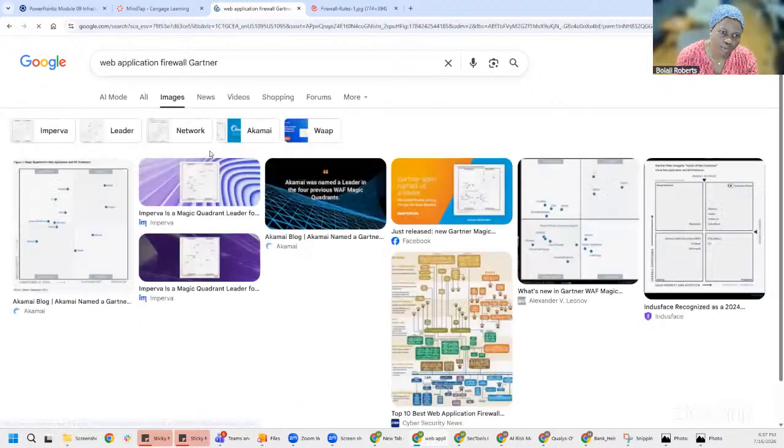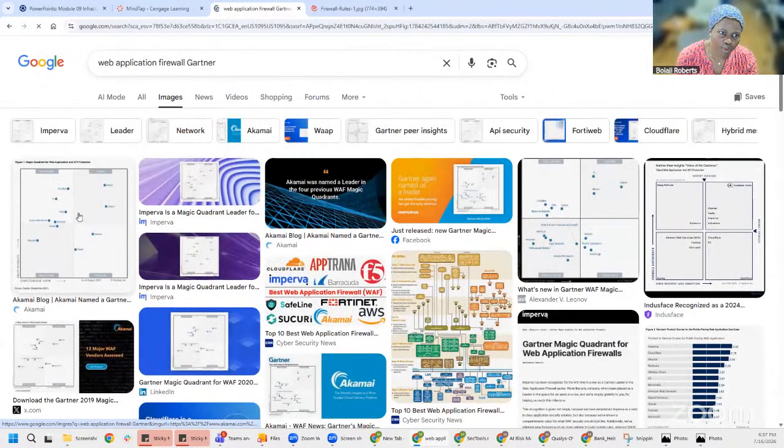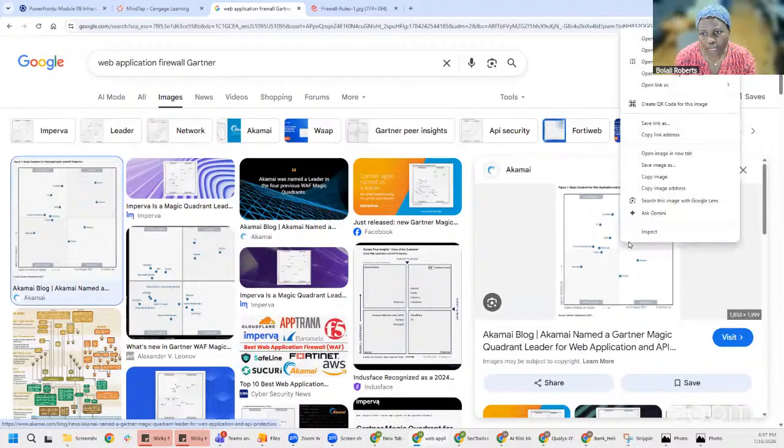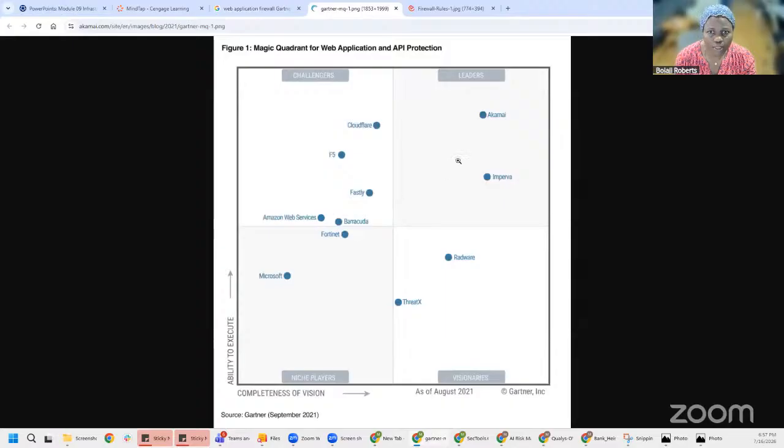If you look at the Gartner report for web application firewall, you see Akamai and Imperva. I've known Imperva since like forever. Then the challengers, you have Cloudflare, Fastly, F5, AWS also has its own web application firewall, and Barracuda and Fortinet are in the niche area. This has been here since the beginning of my security career.